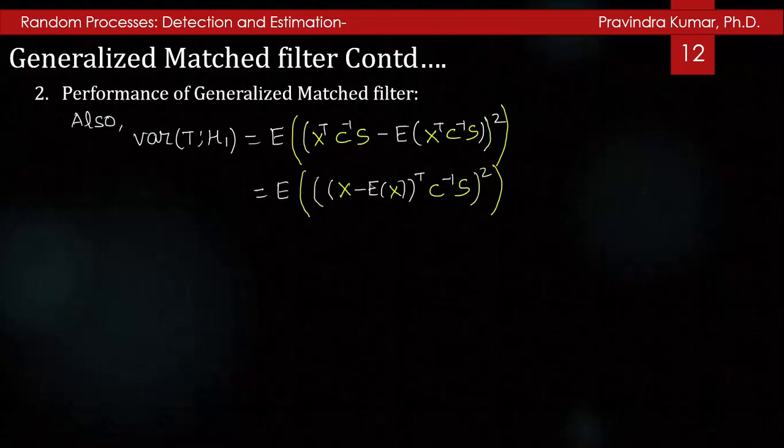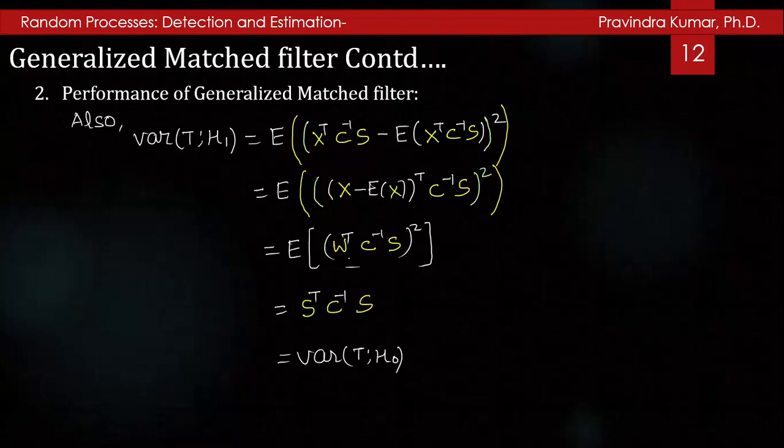So here you will get expected value of x minus expected value of x transpose C inverse s whole square, and you will get expected value of omega transpose C inverse s whole square, and it will be equal to s transpose C inverse s. This is the variance of the test statistic T under hypothesis H0.